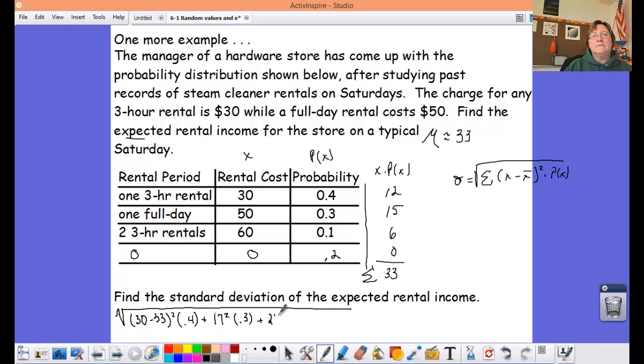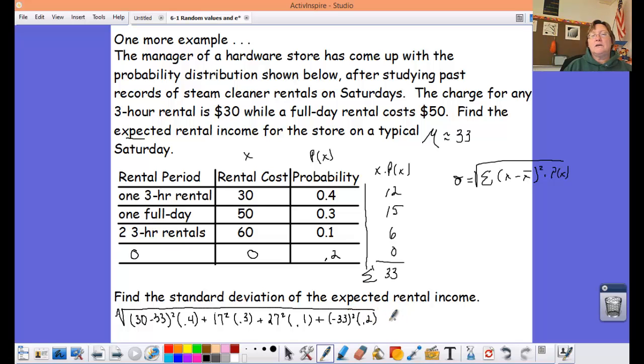That's 27 squared times 0.1. And the last one, the difference between the data value and the mean would be negative 33. 0 minus 33 squared times 0.2.